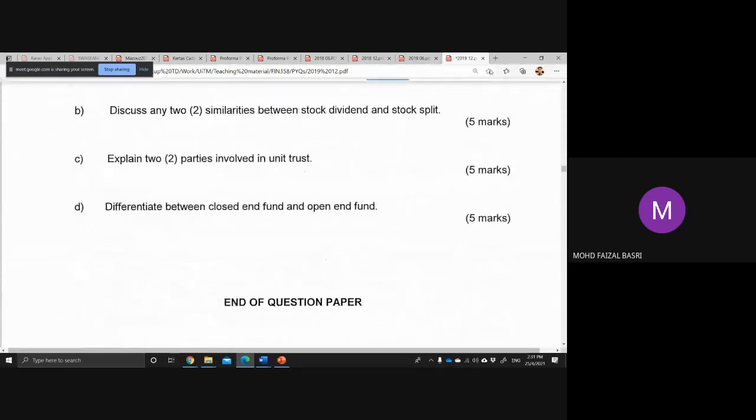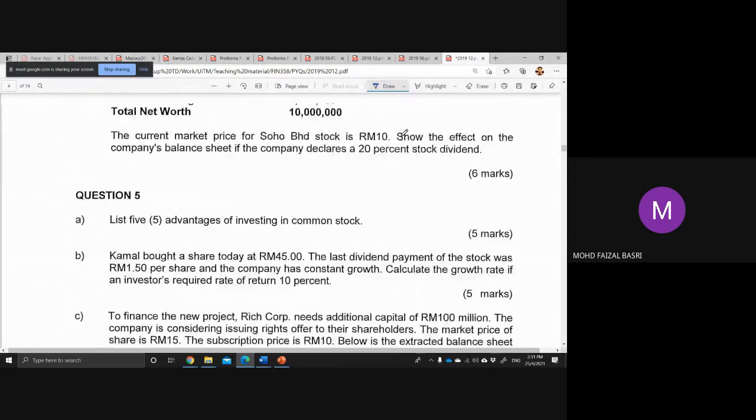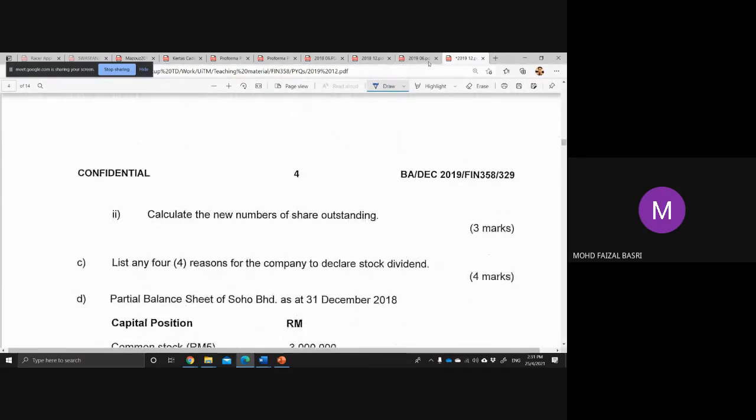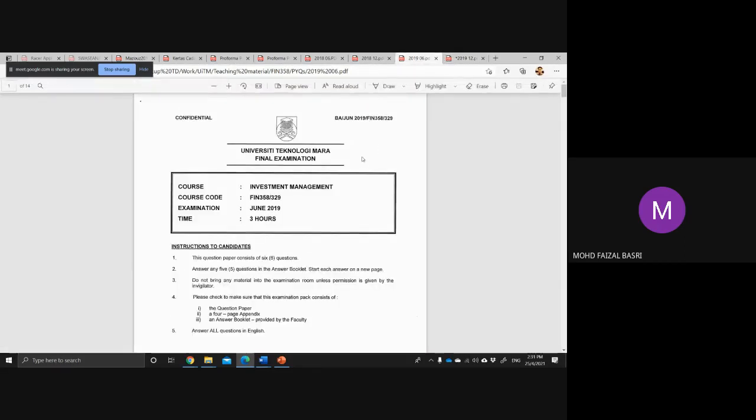So for December 2019, that is the only question. There's not much to do for December 2019. So let's look at June 2019.